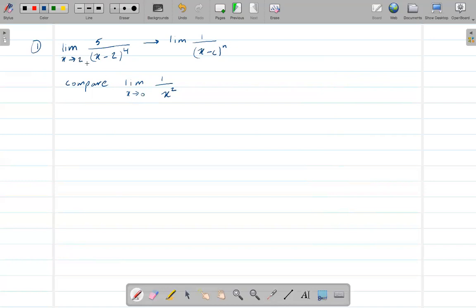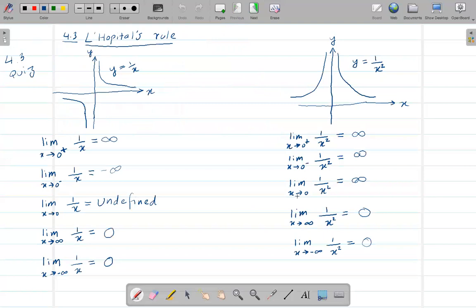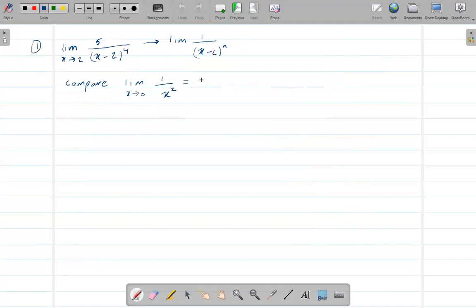But if there is a number here, we change this number to 0. So we take the limit of this, which we have already done on the first page. If x goes to 0, then the limit of 1 over x squared will be infinity. So this one is infinity, and that's why this is also going to be infinity.